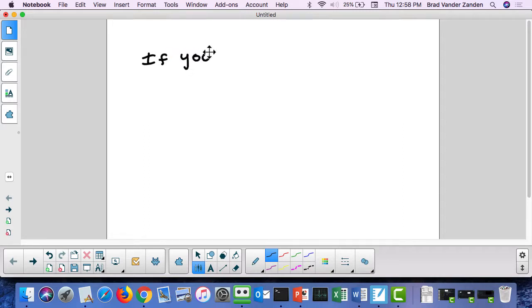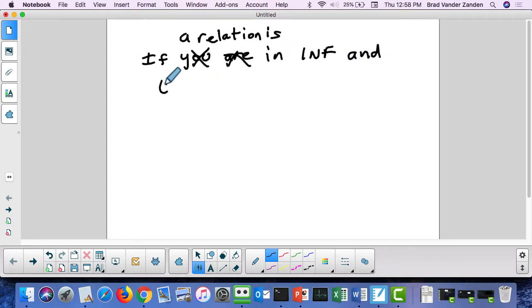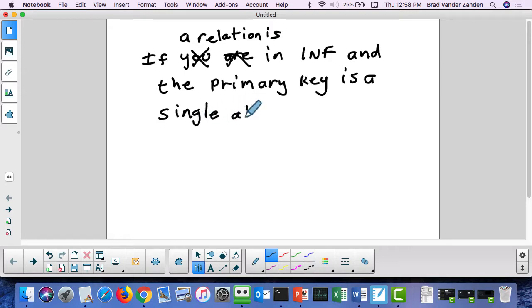If a relation is in first normal form and the primary key is a single attribute, then the relation is also in second normal form.